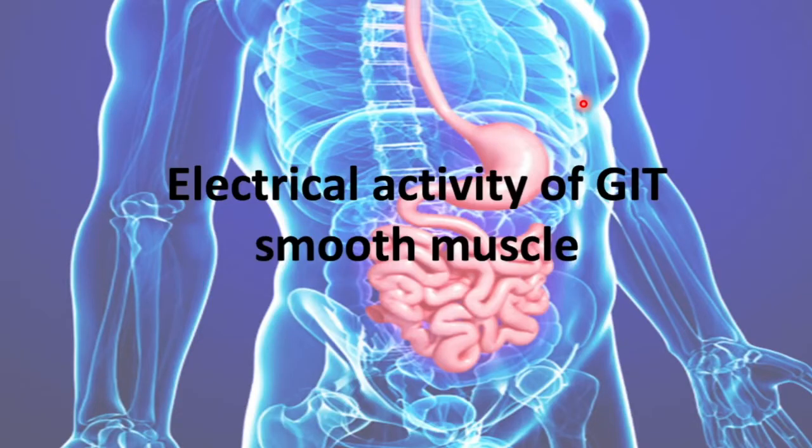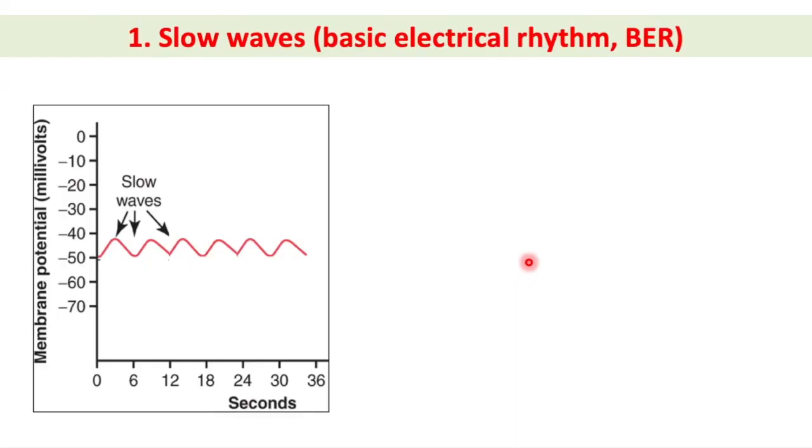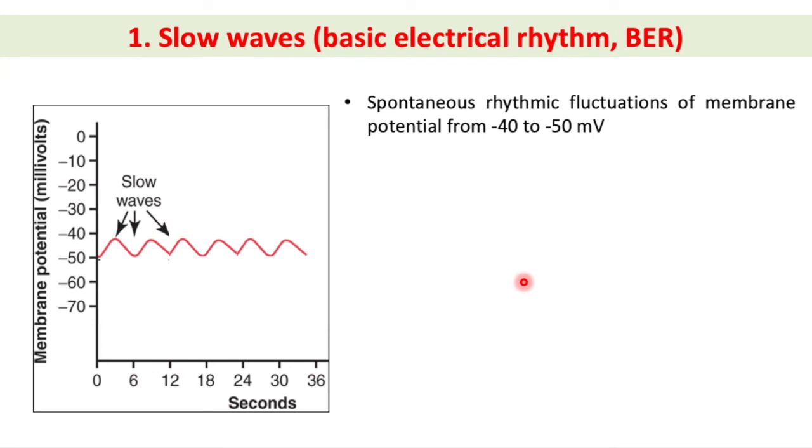Now, let us look into the electrical activity of GIT smooth muscle. The electrical activities found in the GIT are slow waves, also called basic electrical rhythm, and the spike potentials, or action potentials. Slow waves, or basic electrical rhythm, BER, are spontaneous rhythmic fluctuations of the membrane potential from -40 to -50 millivolts.